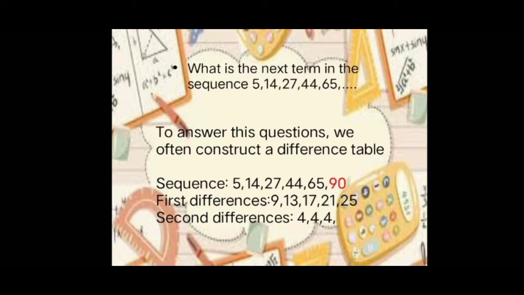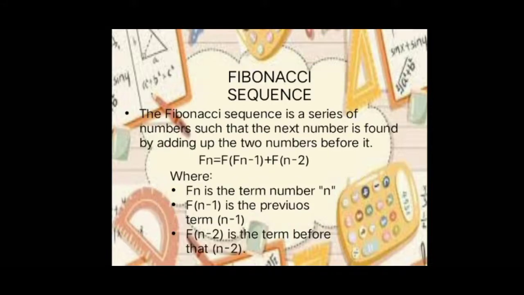The first differences are 9, 13, 17, 21, and 25. The second differences are 4, 4, 4. So when we add 65 plus 25, it equals 90. So the next following term is 90.